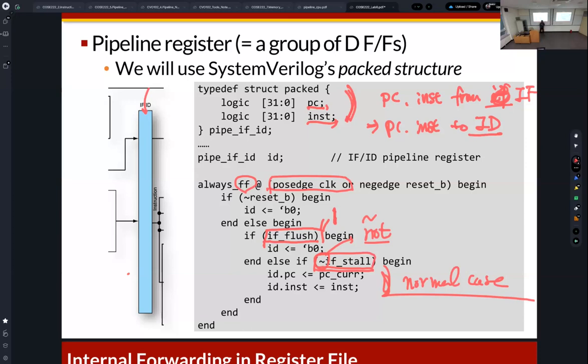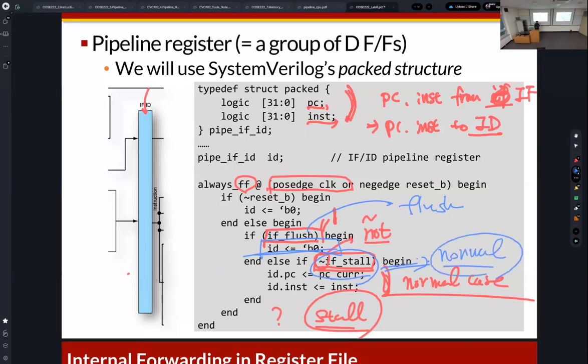Then where is the stall case? In this statement, I define this is the flush case, right? And then this is the normal case, which means that the instruction and PC are transferred to the ID stage. Where is the stall case?